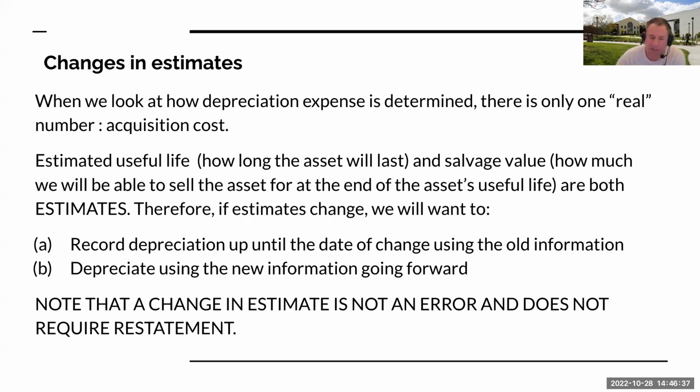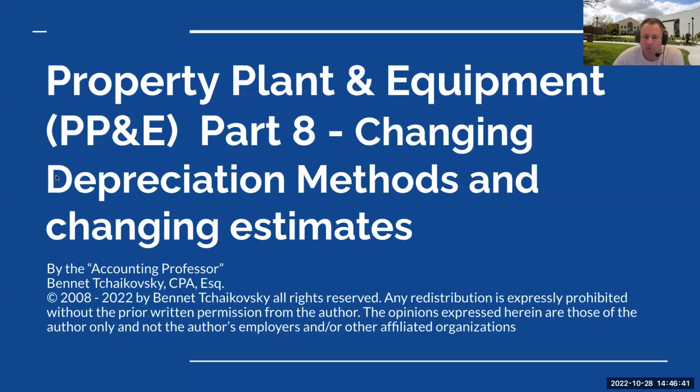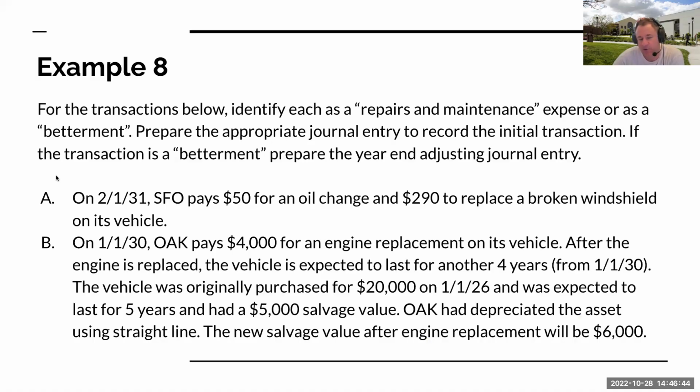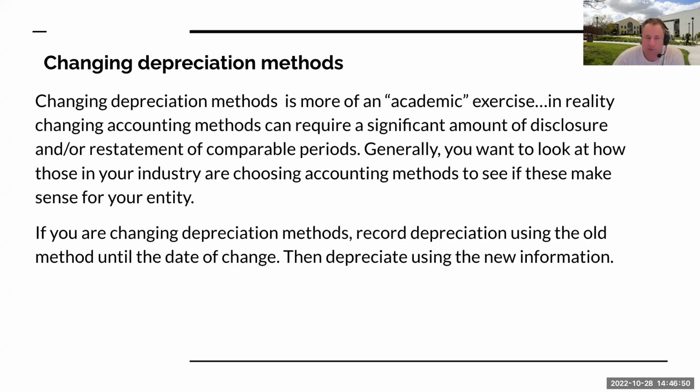I inadvertently, in giving this last question over here, which basically this example over here, I inadvertently gave one of these types of questions. So what you want to do is use the old information first, then use the new information going forward.